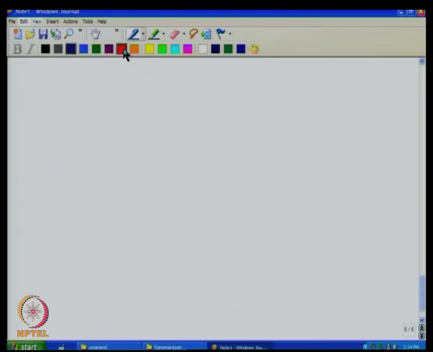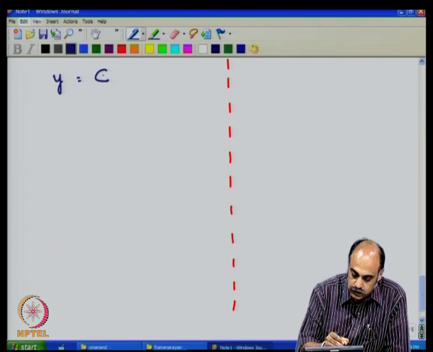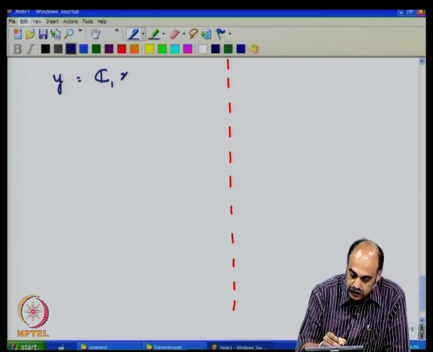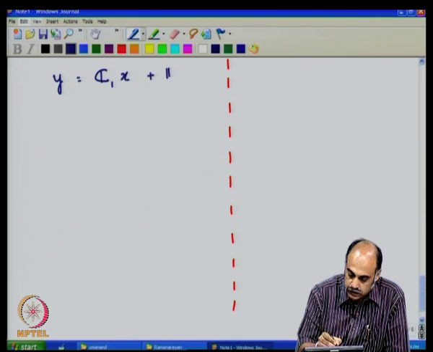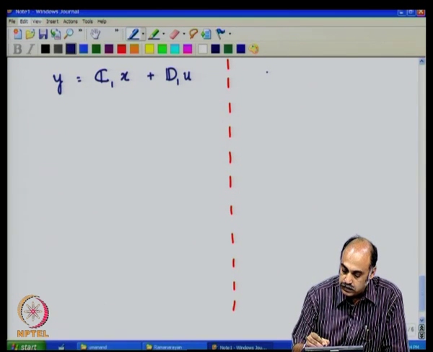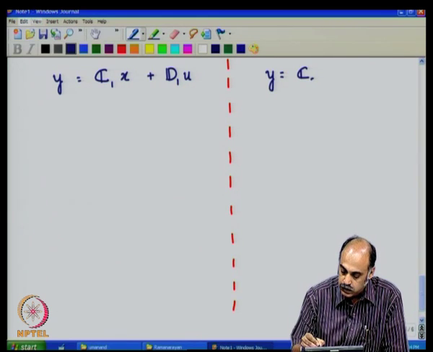Let me write in the line of demarcation. Okay. The output is of the form y is equal to C1 x plus D1 u, and in the second case the same output is C2 x plus D2 u.